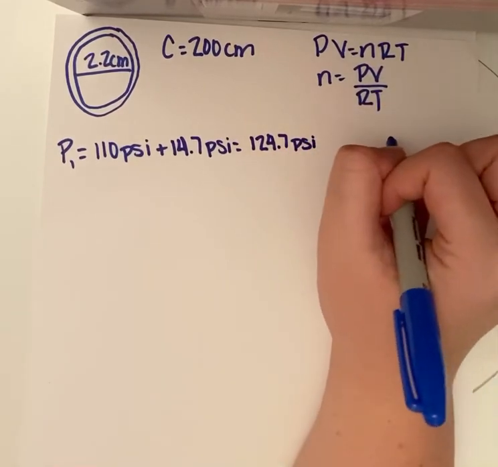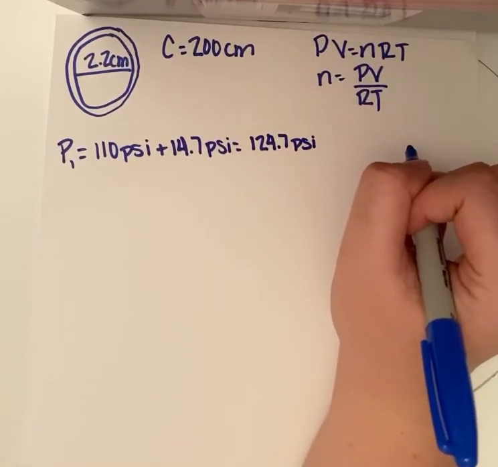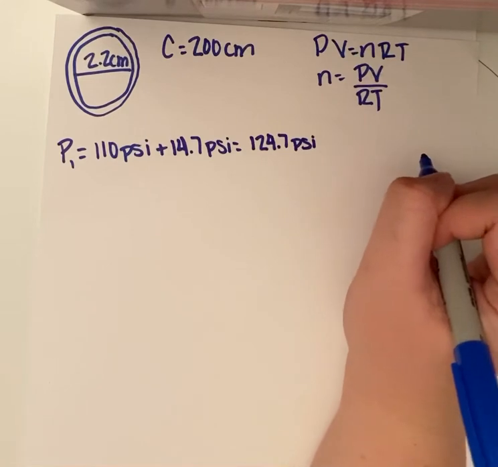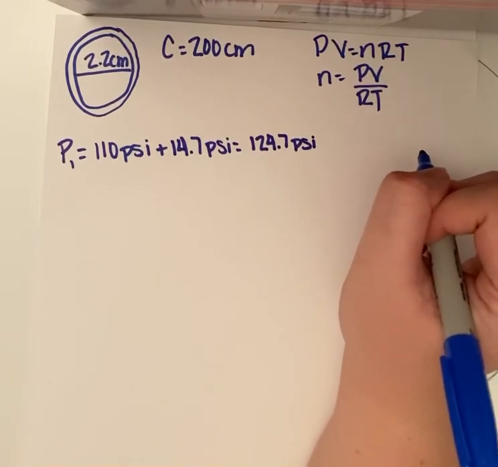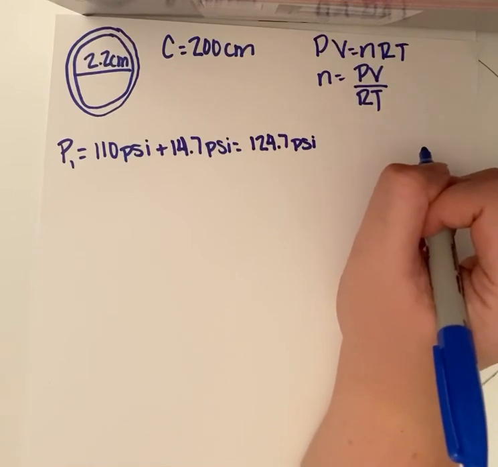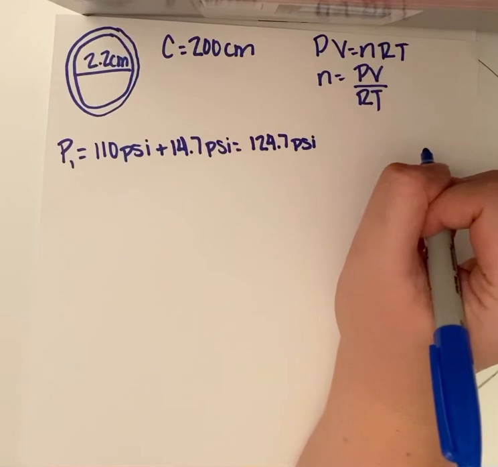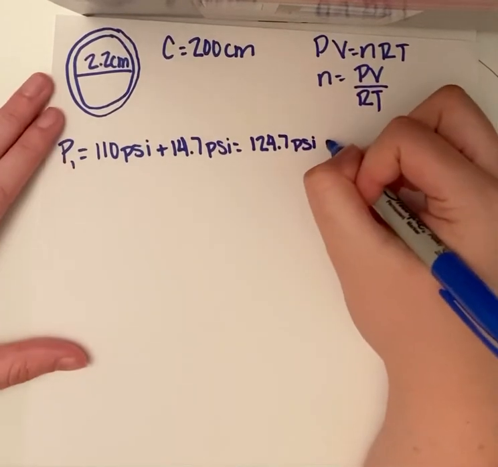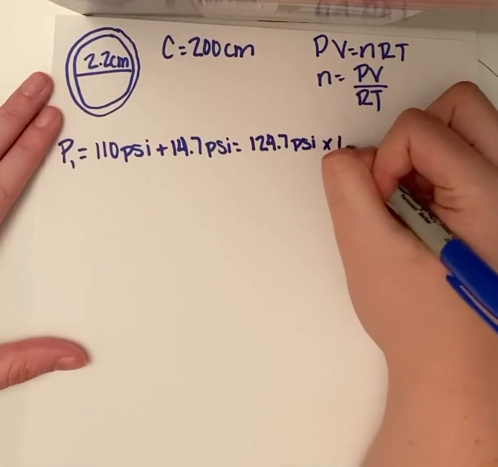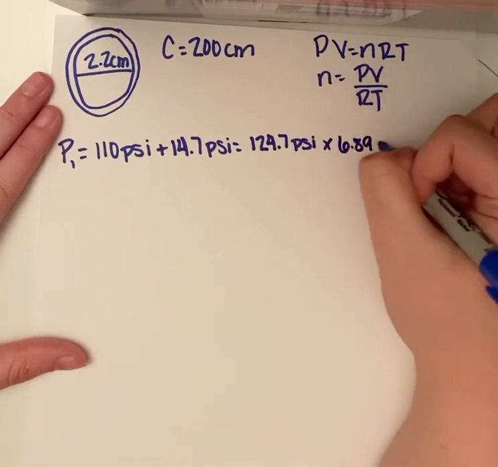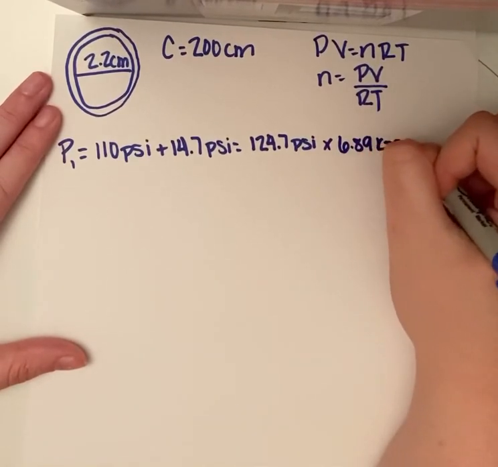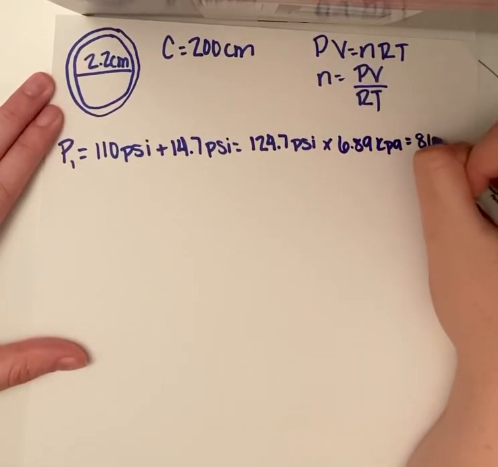And then we're going to convert our psi, which is pound force per square inch, to kilopascals to make this easier. So 1 psi is equal to 6.89 kilopascals. So we're just going to multiply 6.89 kPa to give us 860 kilopascals.